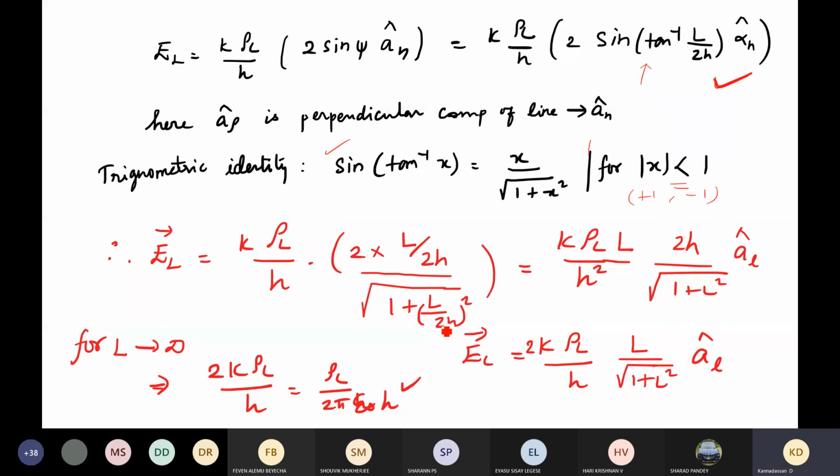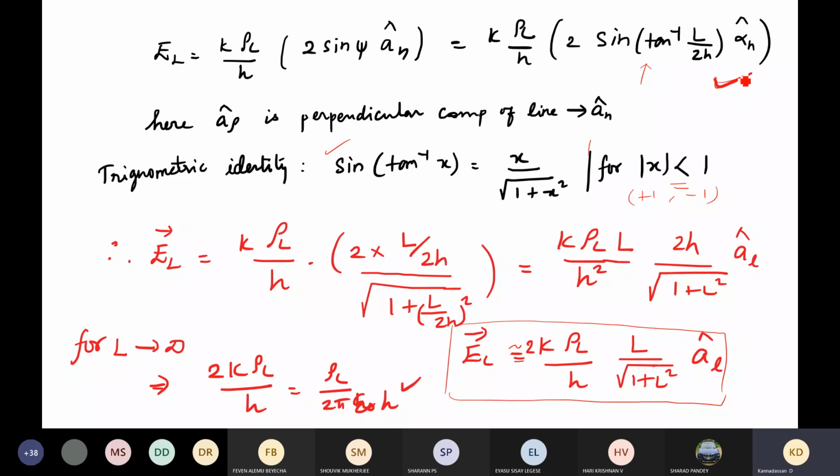Then 2h square will become 2h simply, and when you cancel out, you will get this. This is the expression for the electric field in terms of L and H, and it is not an accurate one, it is actually an approximate one.